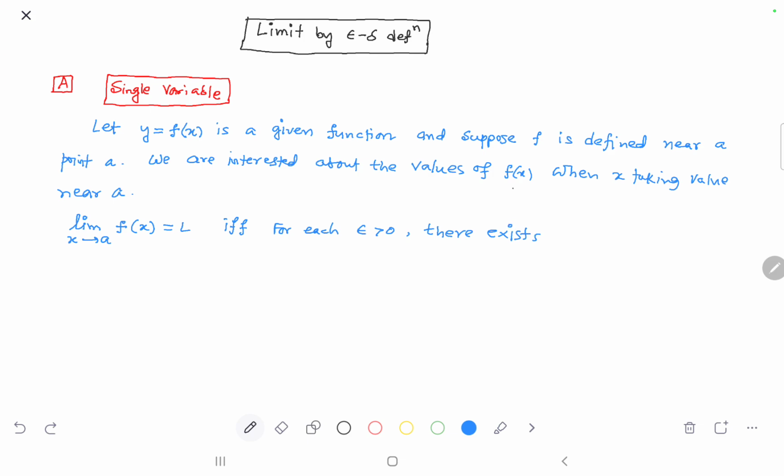There exists delta greater than 0 such that, of course, the delta will depend on epsilon, such that the absolute value of f(x) minus L is less than epsilon when 0 is less than the absolute value of x minus a, which is less than delta. This is the epsilon delta definition for limit.